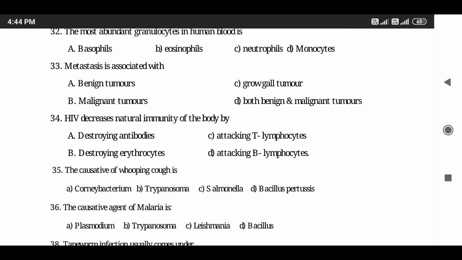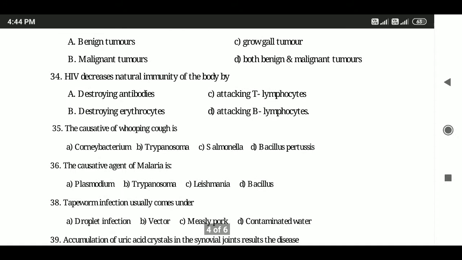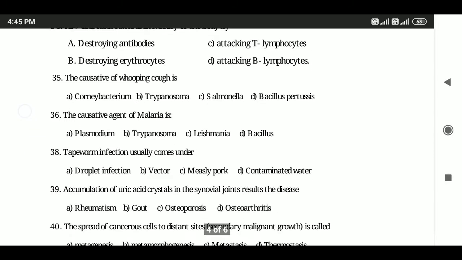Option B. HIV decreases natural immunity of the body by destroying antibodies, attacking T lymphocytes, destroying erythrocytes, attacking B lymphocytes. Generally, they attack T lymphocytes and reduce the effective nature of immune system of the person. So answer is C.